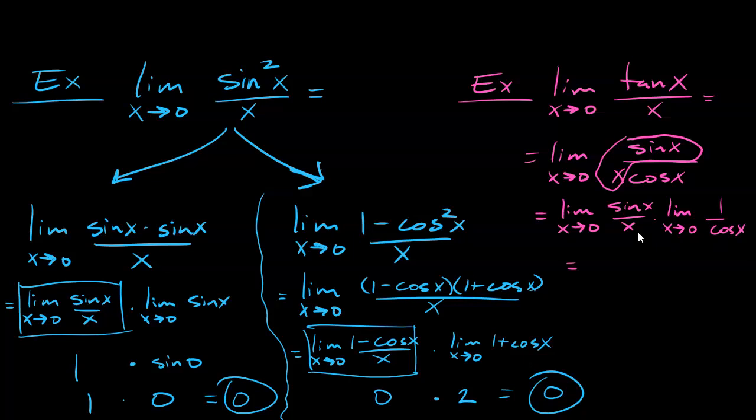So this is the same question you were asking about, Carson. I think you're asking if you have to write 2 different limits. You don't have to write them separate. If you want to just leave it all together, that's totally okay. I'm writing them separate so you know you can. Limit of sine of x over x is 1. And then the limit of 1 over cosine of x, I can plug in 0 and get 1 over 1, which is 1.